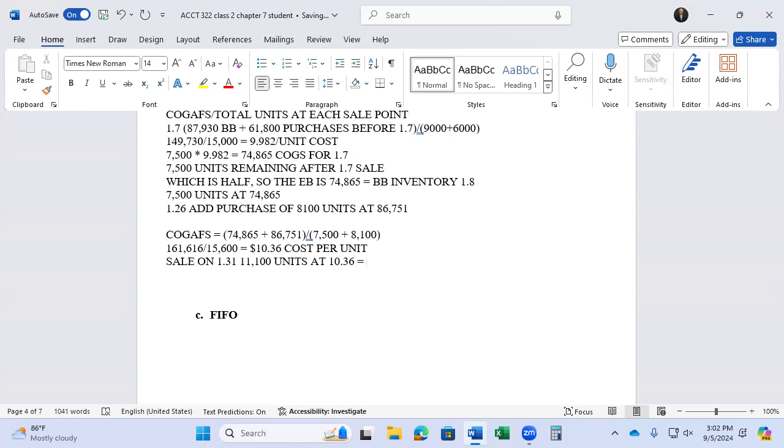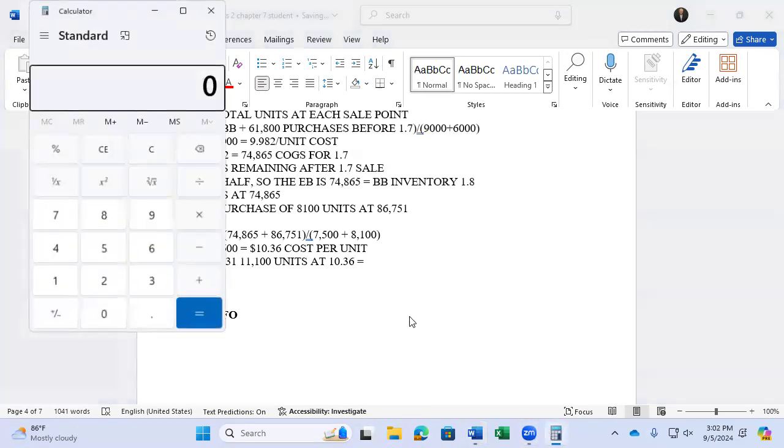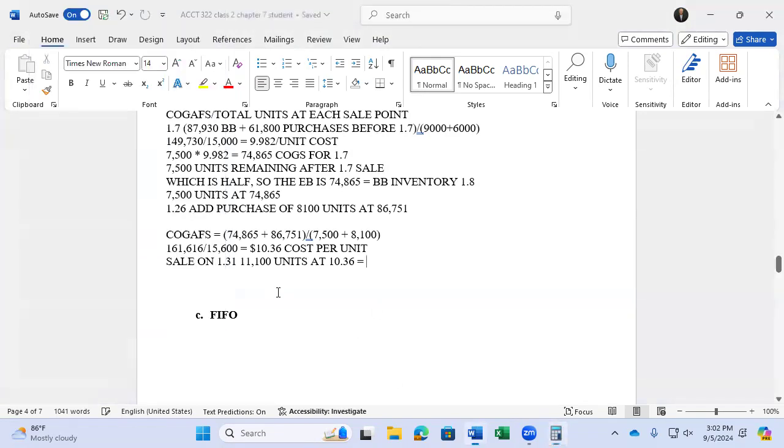And it's 114,996. And that's the cost of goods sold. And then the remaining inventory.